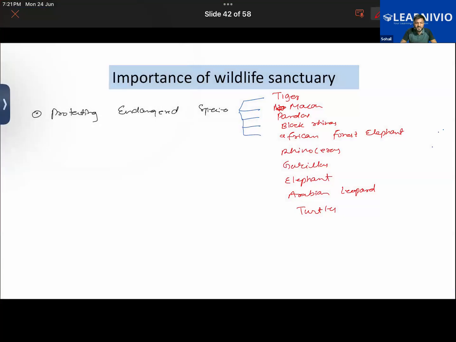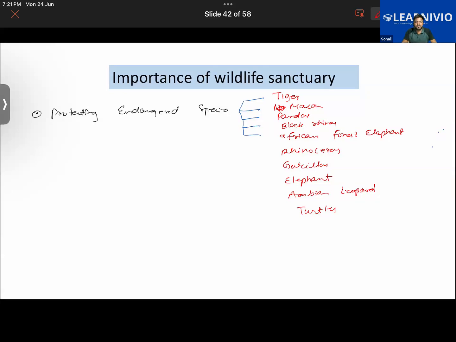Okay, see, moments ago I was talking about turtles. So turtles are also considered endangered, because they are being killed for their skin, their shells, their eggs, and their meat.